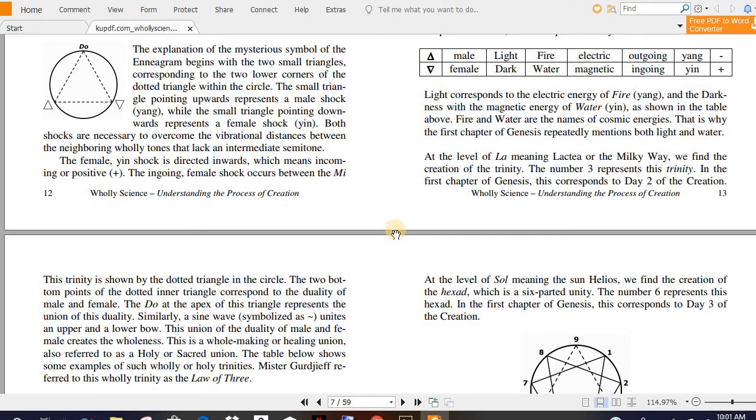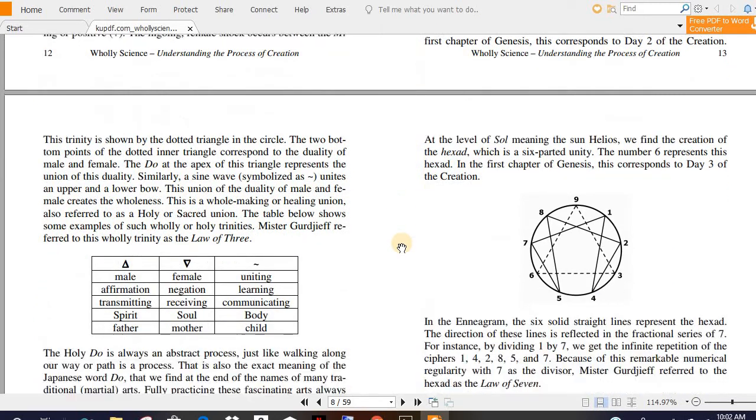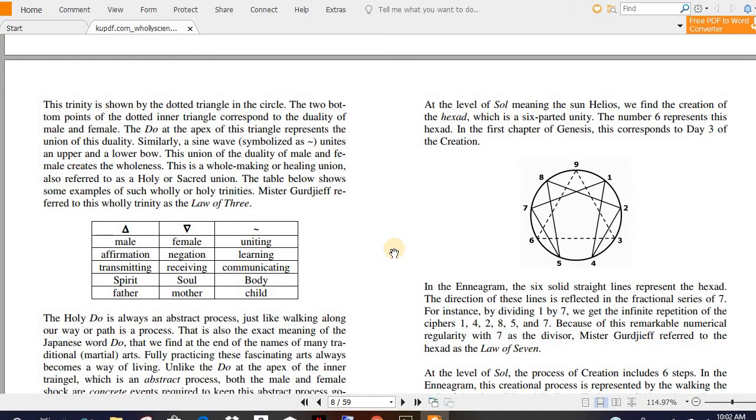At the level of la, meaning Lactea, or the Milky Way, we find the creation of the Trinity. The number 3 represents the Trinity. In the first chapter of Genesis, this corresponds to day 2 of creation. The Trinity is shown by the dotted triangle in the circle. The 2 bottom points of the dotted inner triangle correspond to the duality of male and female.